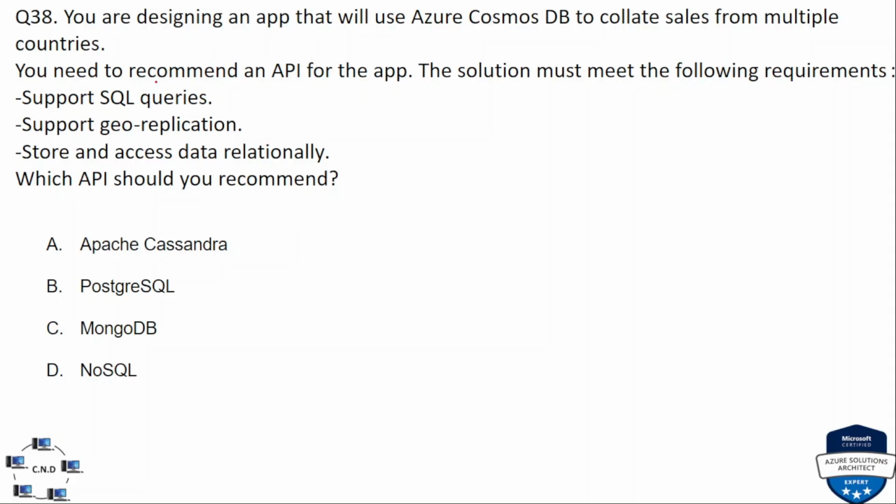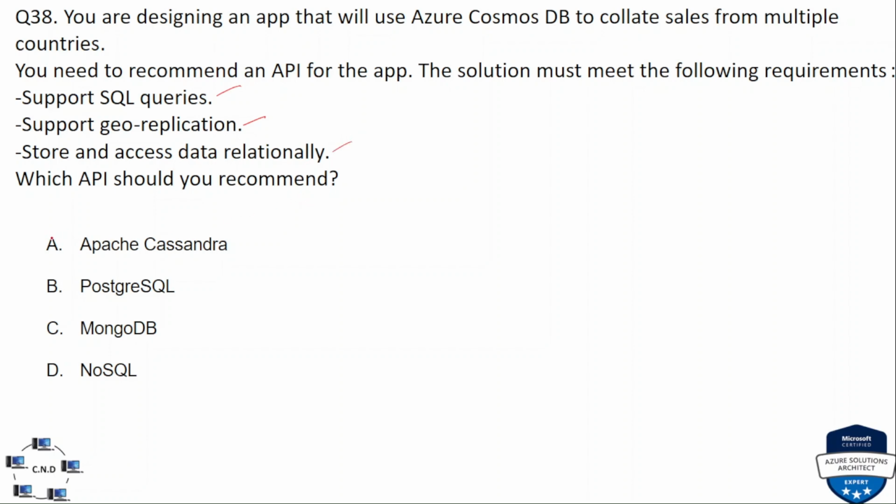Question number 38 is that you are designing an application that will use Azure Cosmos DB to collect sales from multiple countries. You need to recommend an API for the app. The solution must meet the following requirements: support SQL queries, support geo-replication, and store and access data relationally. What API should you recommend?